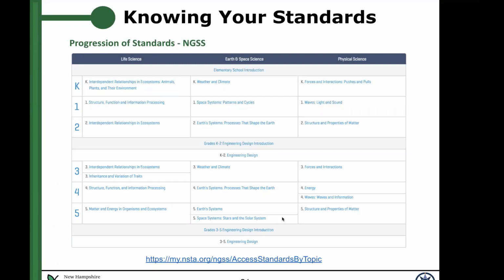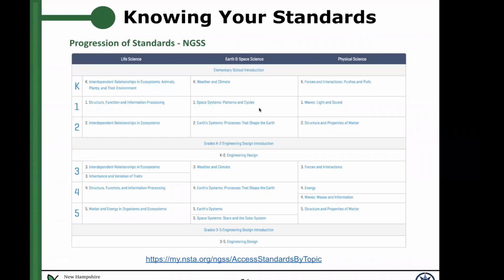Now, I do know that there are some schools that don't follow this exactly, but they do cover all of these particular topic areas in grades 3, 4, and 5, but they might switch it up a little bit with which grade level teaches which, because they feel like it goes along with their units a little bit better.